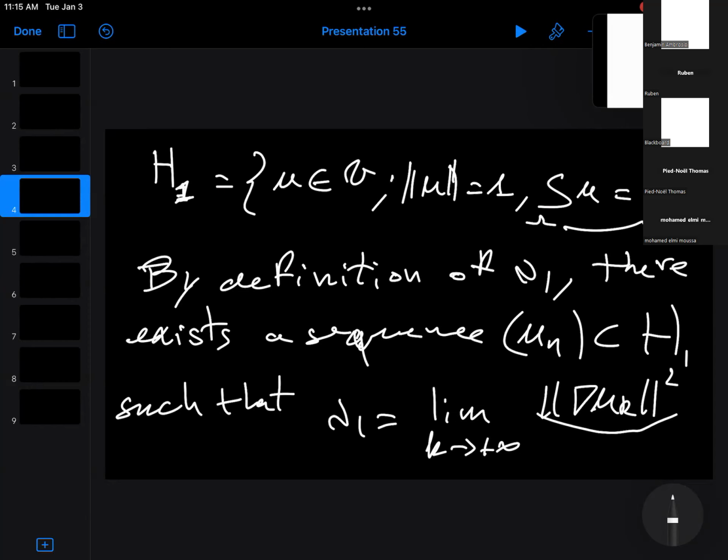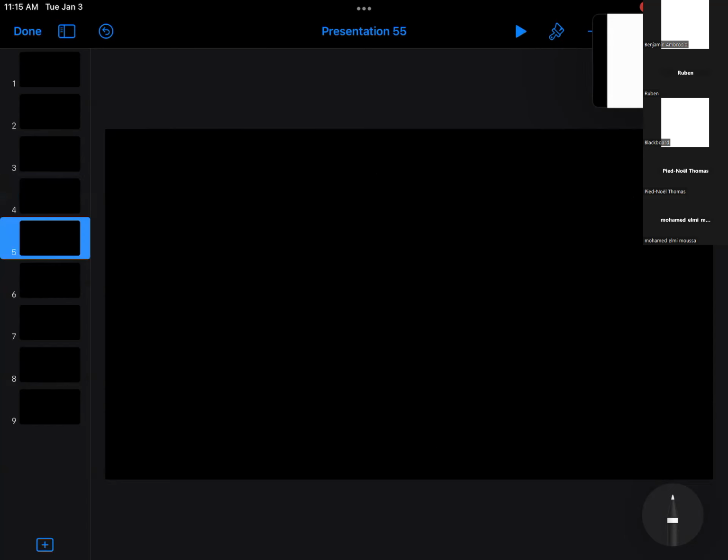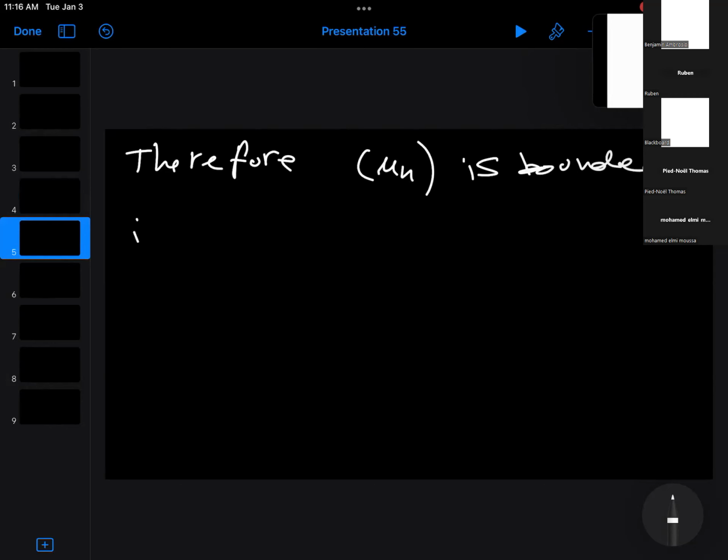So in fact, my sequence of functions un is bounded in V, which is my Sobolev space. Therefore, my sequence un is bounded in V.